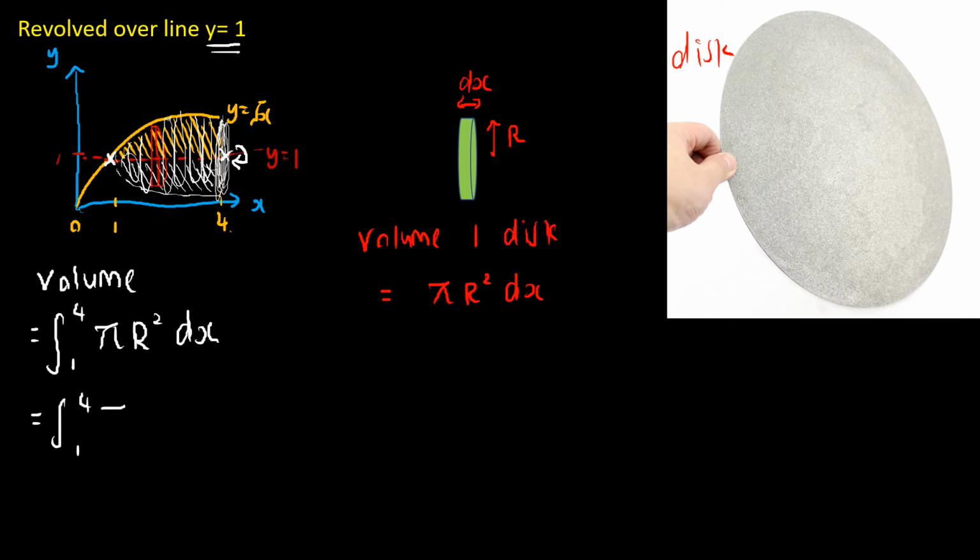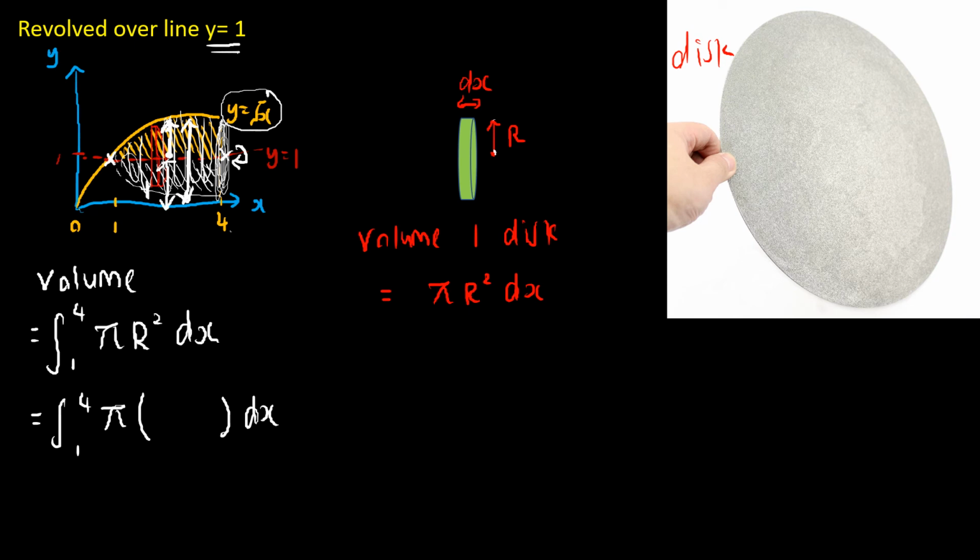Now, how about the radius? Based on this diagram, we know r, the radius, is from this location to this location. So it's exactly from this line up to this line. The whole line from here to here is exactly equal to the equation, while this part here is equal to 1.